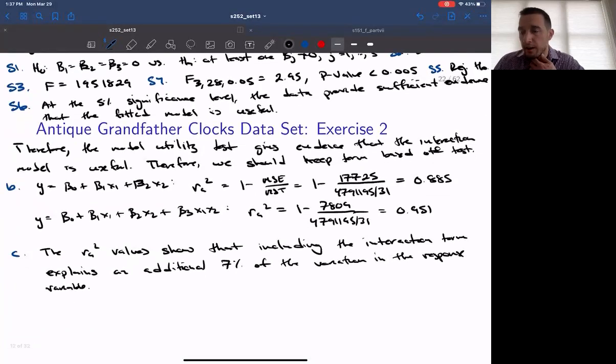So this would also imply that we should keep the interaction term, because by keeping the interaction term, we are gaining information about the response variable.